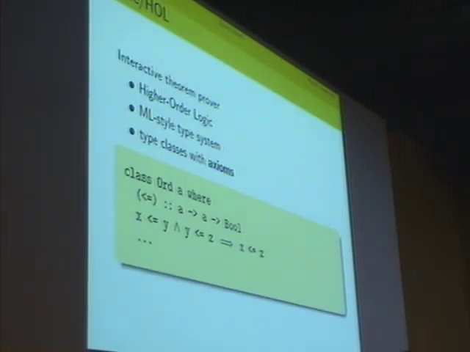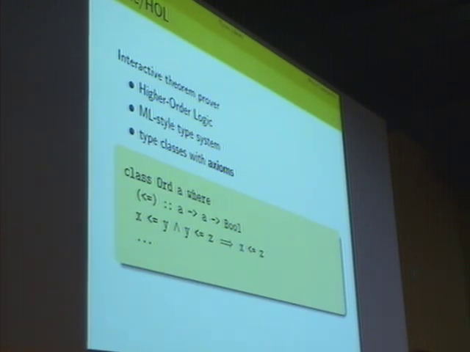So the theorem prover that I'm using is Isabelle/HOL. It's an interactive theorem prover, and it uses higher order logic. It has a type system that's really similar to standard ML. But in addition, it has overloading and axiomatic type classes. So basically, you can define a type class in a very similar way to Haskell, where you declare a class and you give the list of operations.